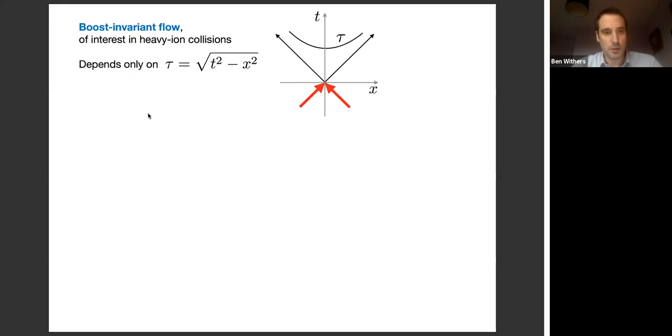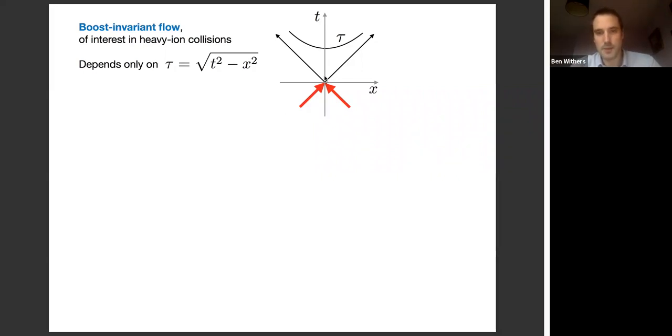So the idea is, in this topic, they were interested in boost invariant flow. Boost invariant flow is interesting for people who work on heavy ion collisions, for example. The setup is roughly what's depicted in this diagram. You have one space direction, a time direction, and then many transverse directions.